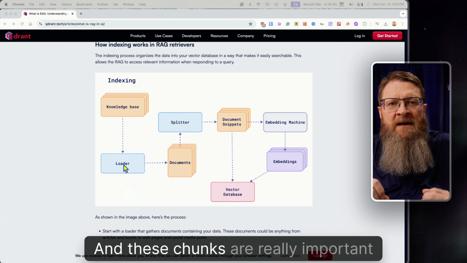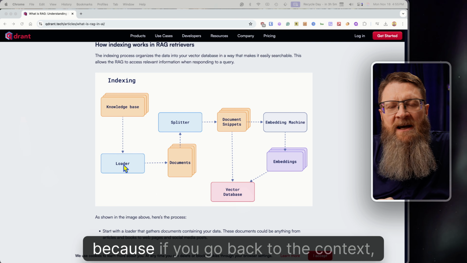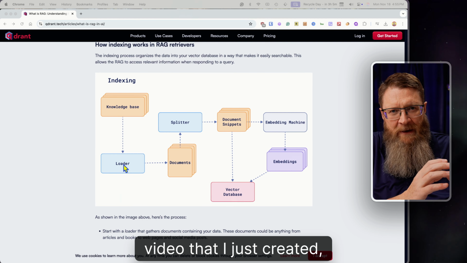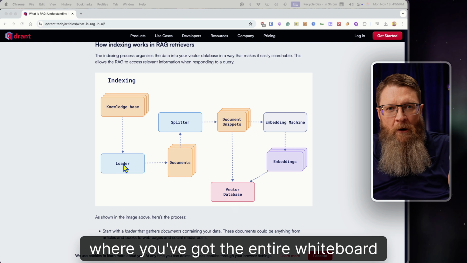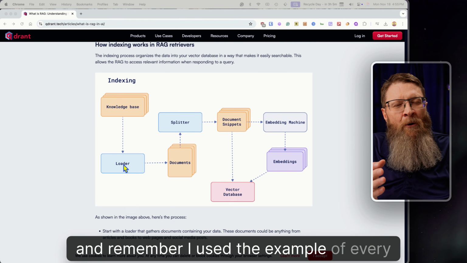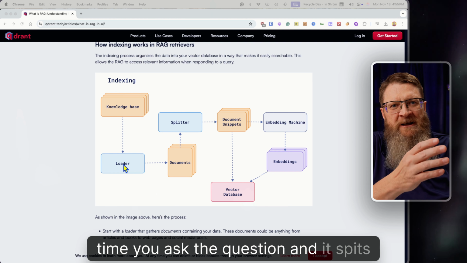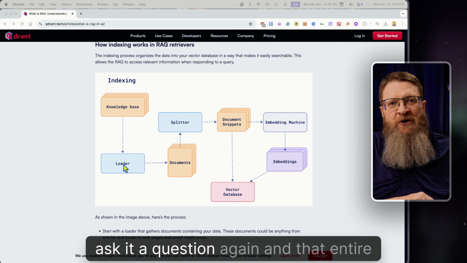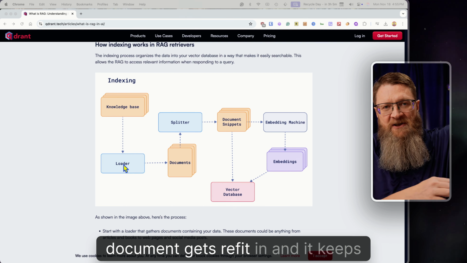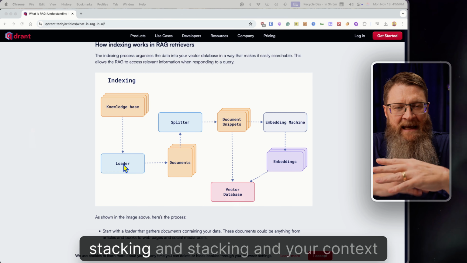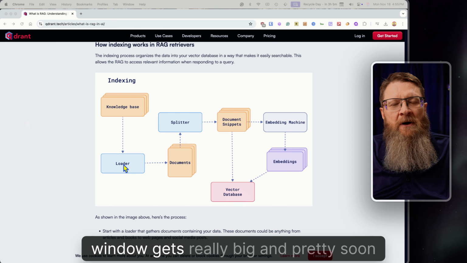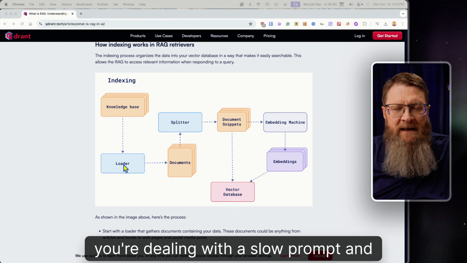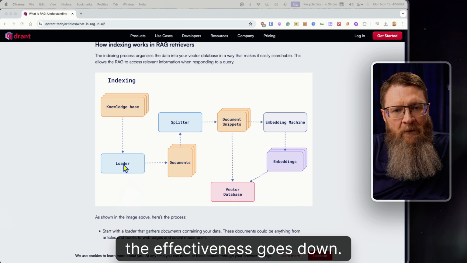These chunks are really important because if you go back to the context video that I just created, where you've got the entire whiteboard, and remember I used the example of every time you ask the question and it spits out the entire generation, and then you ask it a question again and that entire document gets refed in, and it keeps stacking and stacking, and your context window gets really big, and pretty soon you're dealing with a slow prompt, and the effectiveness goes down.